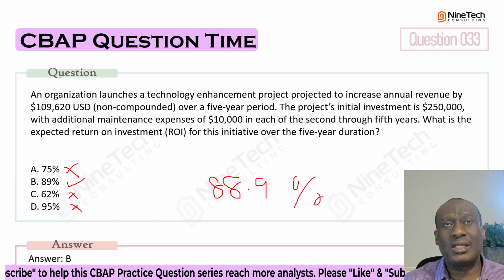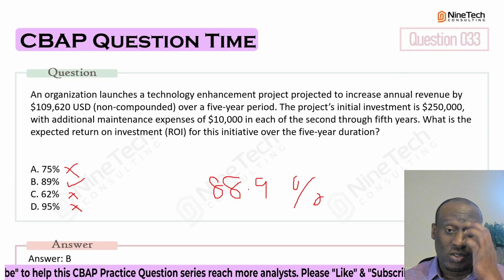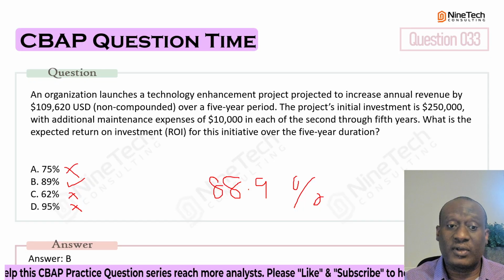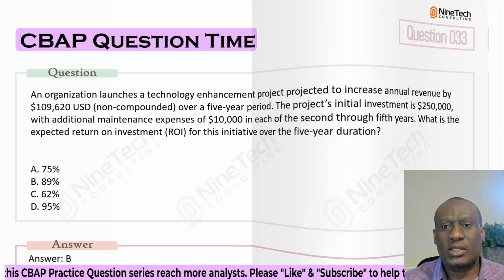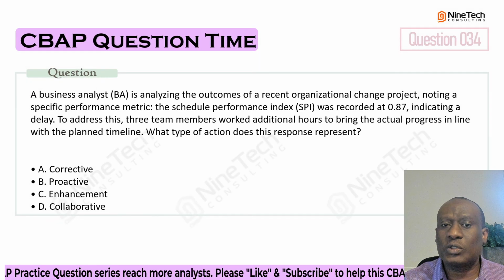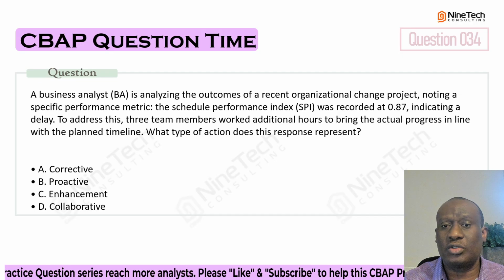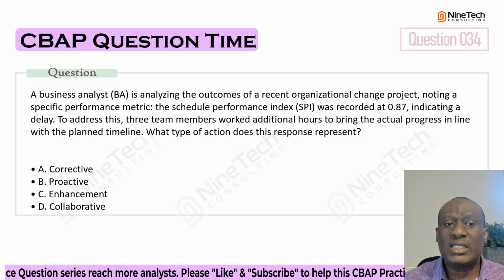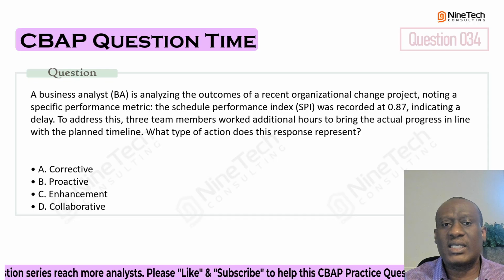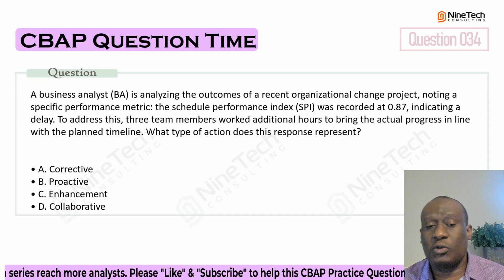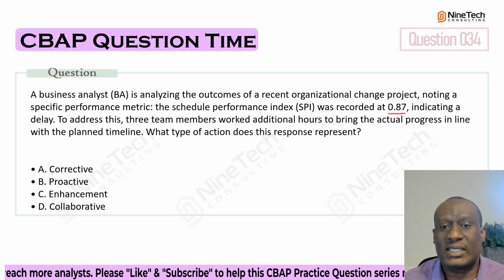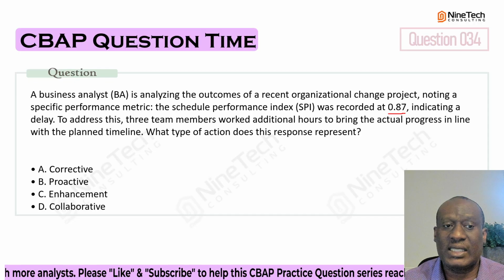Now, the CBAP is not full of calculations, but sometimes you could have calculation, and it's good to be ready for that when they come. Let's move to the next question. A business analyst is analyzing the outcome of a recent organizational change project, noting a specific performance metric. The schedule performance index, SPI, was recorded at 0.87, indicating a delay.